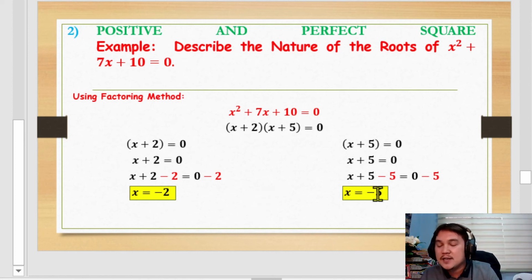At the other side, we have the quantity of x plus 5 is equal to 0. That is the same as x plus 5 is equal to 0. And then we subtract 5 from both sides. Then that gives us x plus 5 minus 5 is equal to 0 minus 5. So this 5 minus 5 gives us 0. So that gives us x is equal to negative 5.